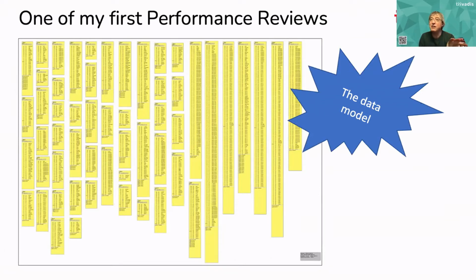They just replaced the files by tables, but the whole logic was still implemented in COBOL with embedded SQL. The data model was just a bunch of tables without any foreign keys, without any real relationships between the tables. And if they wanted to join two tables, they did it with cursor loops in the COBOL application.